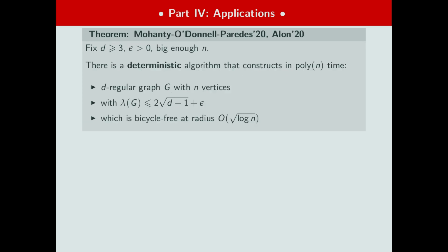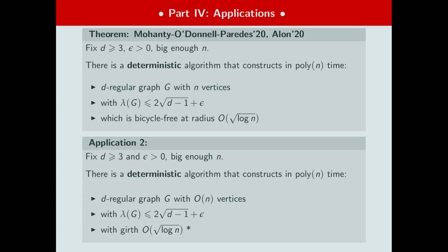And we can do the same thing to the explicit version of this result. We can get an explicit construction of near Ramanujan graphs with girth of square root log n by doing the exact same thing.